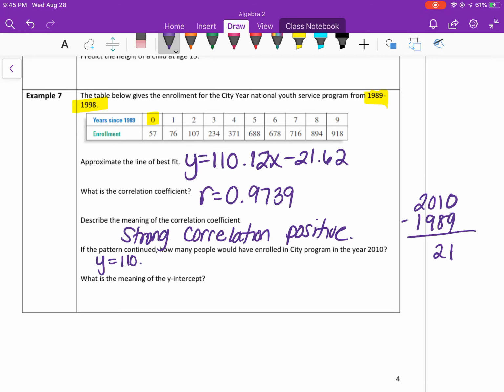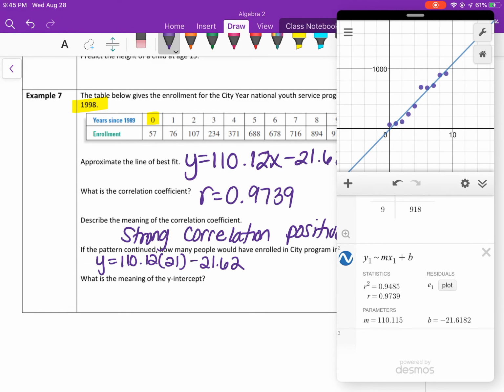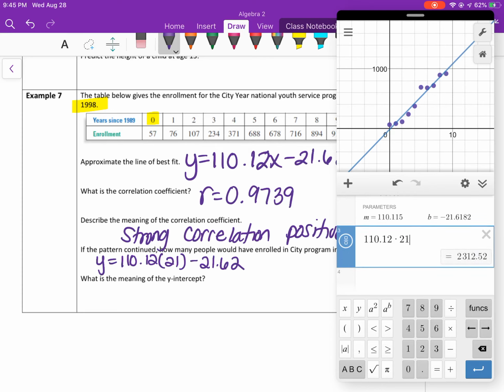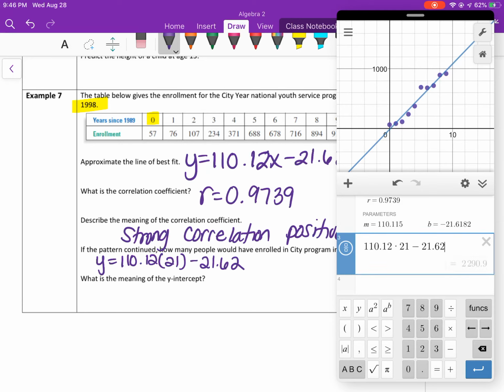So we got 110.12 times 21 minus 21.62. That's 2,290.9.